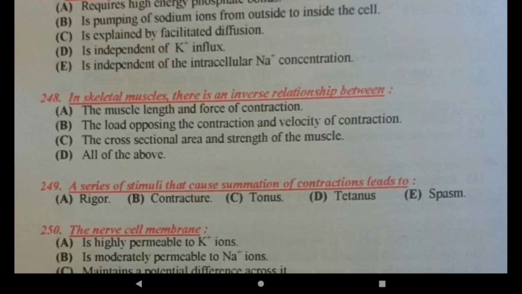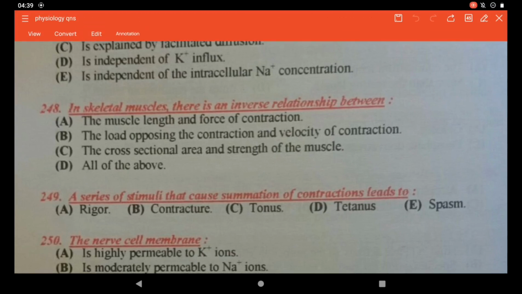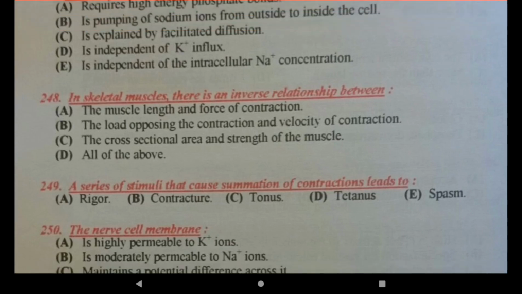When the load opposing the contraction is high, for instance, let's say you are trying to raise a 50 kilogram mass, probably a dumbbell or something like a sack, the rate at which you raise it will be lower. It's kind of inverse proportionality. The higher the opposing load, the lesser the velocity, and that makes B the correct answer, and the others are not correct.